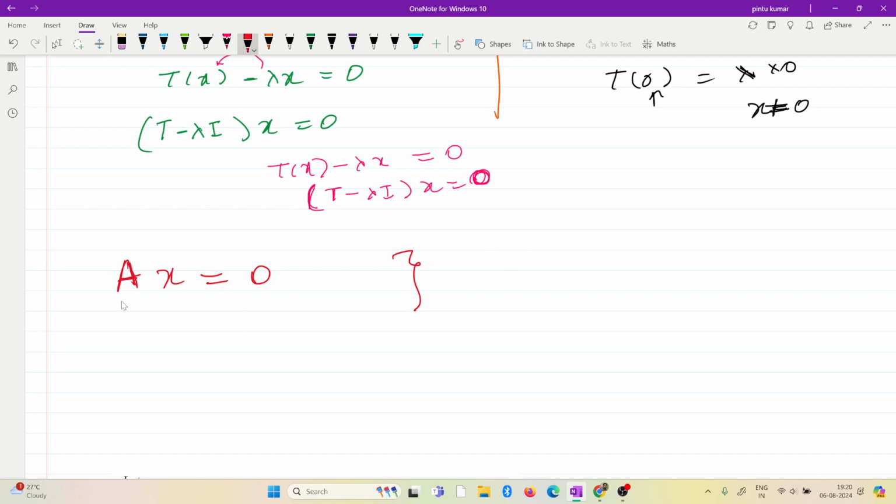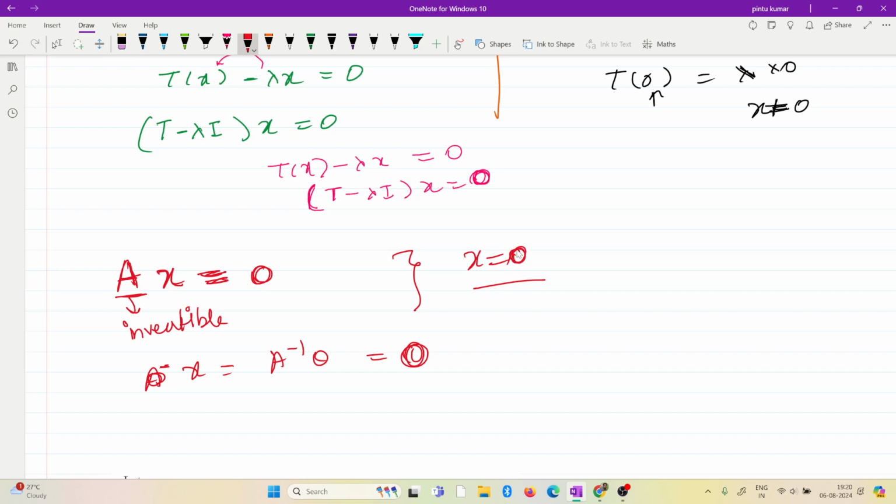Let's say if your A is invertible, you can take A inverse on both sides, and you have x is equal to A inverse of 0 is equal to 0. So this means if your A is invertible, the only solution to Ax is equal to 0 is when x is 0.